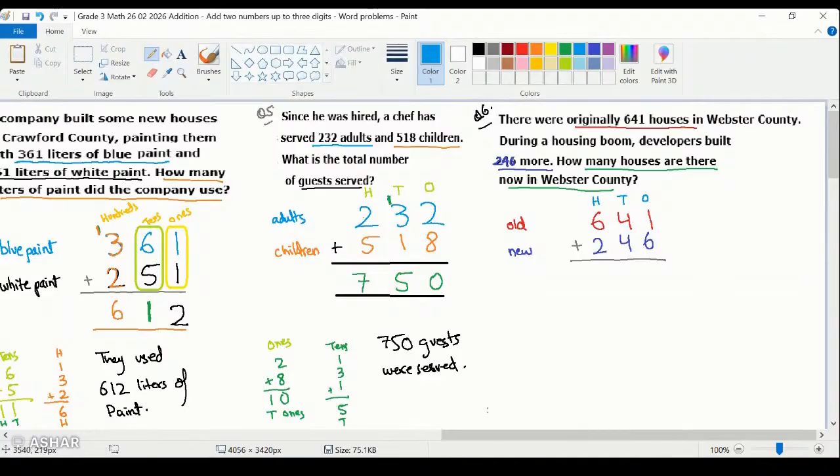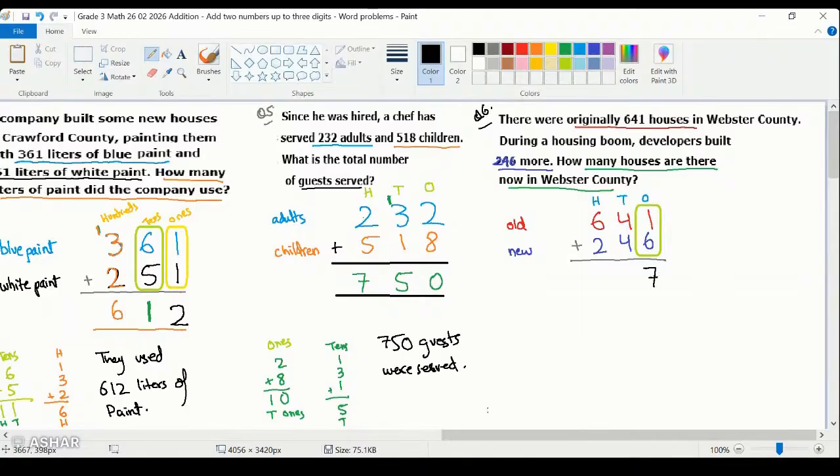How many ones are there? Precious, how many ones are there? We have 1 plus 6, right? And 1 plus 6. That means we have a total of 7 ones. Thank you.